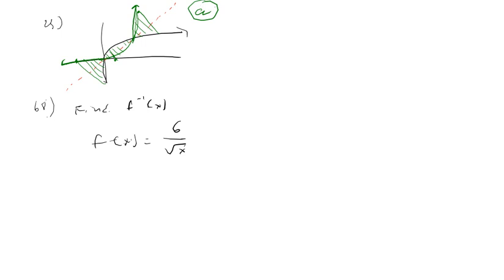To find the inverse, the way we do this is we swap x and y, and then solve for y. We're going to make a new equation. We want our inverse equation. We take our old equation, swap the x and y, and then resolve the equation back to y equals.